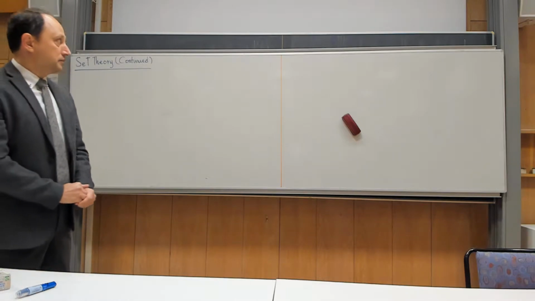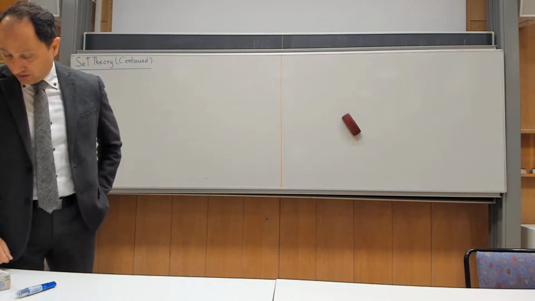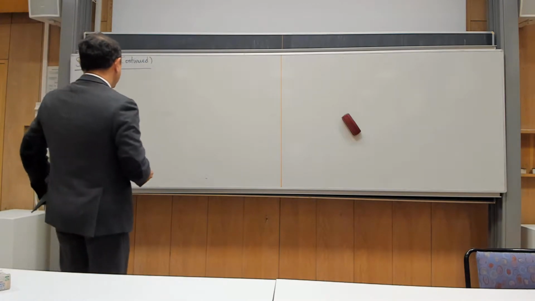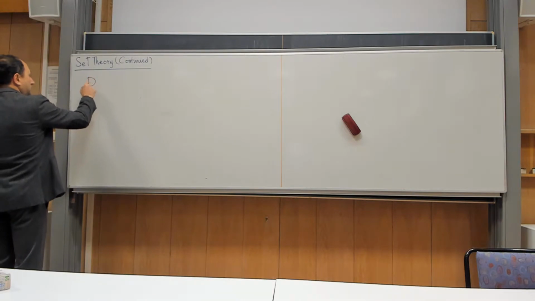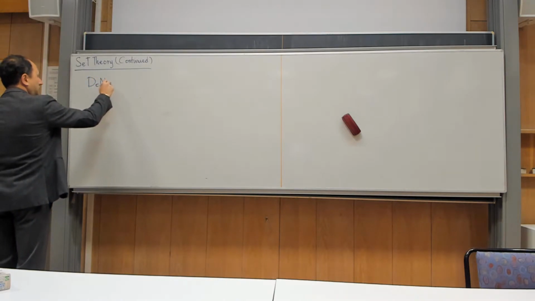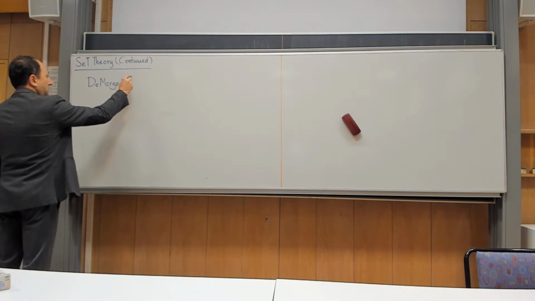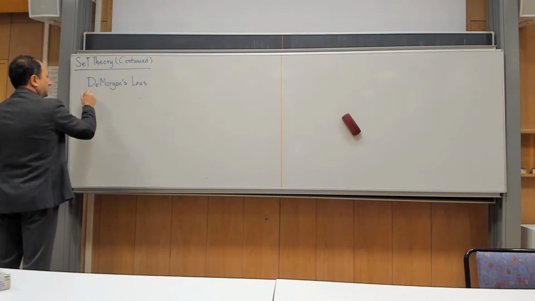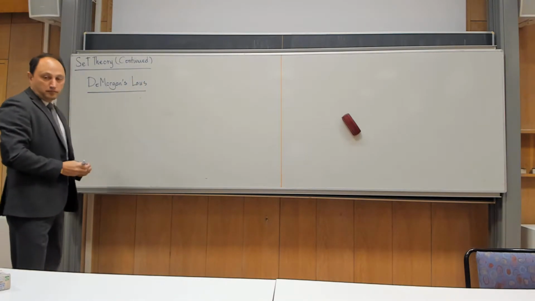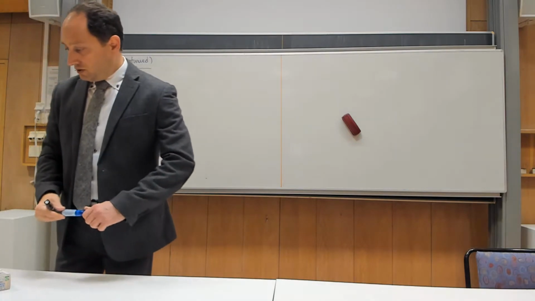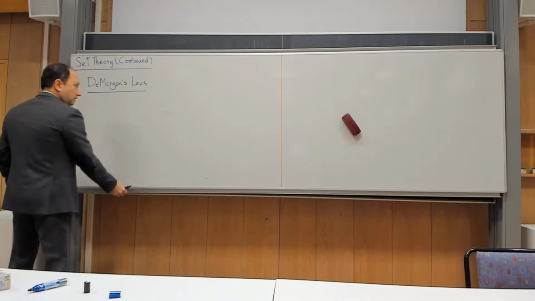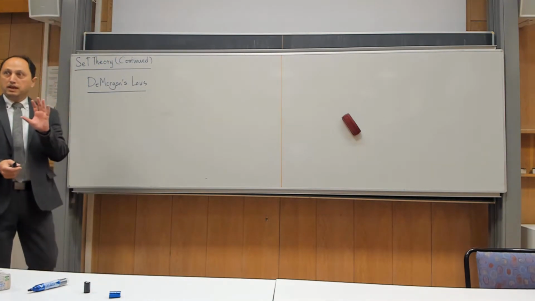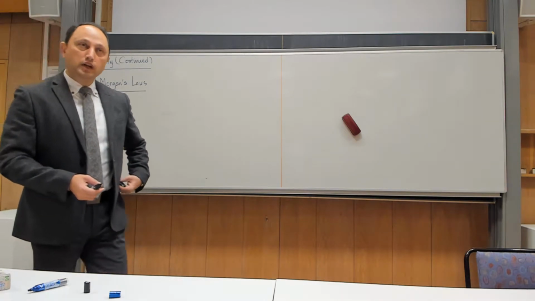So what I want to talk about is another set of laws. They are very famous in set theory and they are called DeMorgan laws. DeMorgan laws are related to making a complement of a union or an intersection.